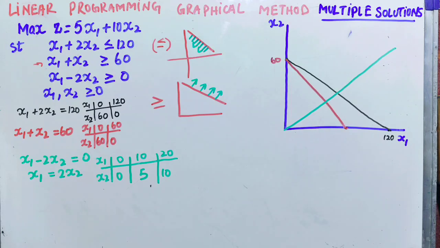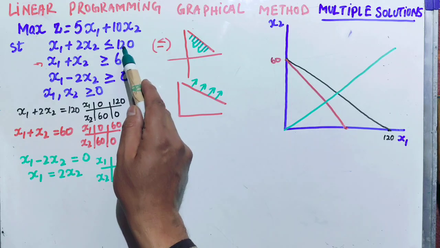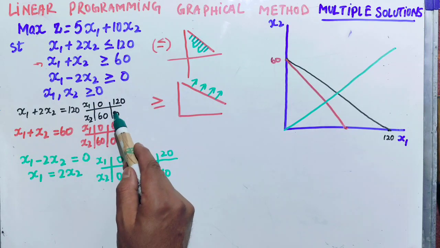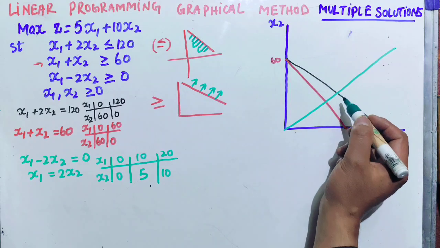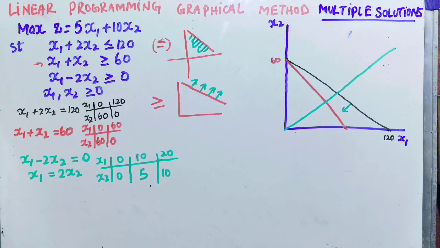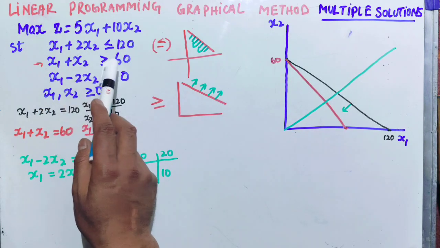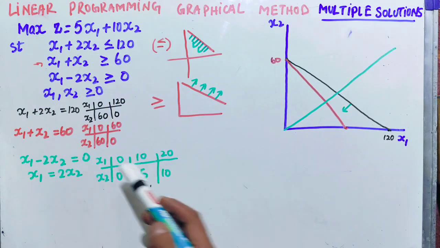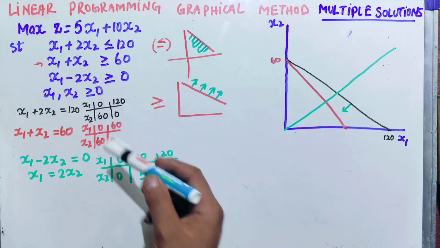Now let us see what happened here. So x1 plus 2x2 is less or equal to 120. So this is our equation. So we shade the below area, this area. In the second we have x1 plus x2 greater or equal to 60.